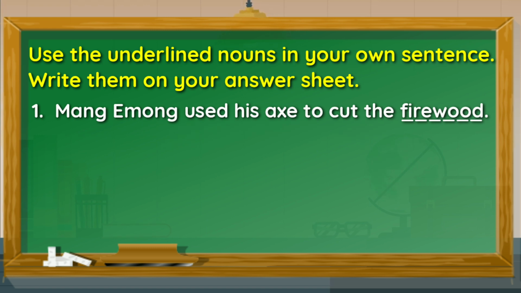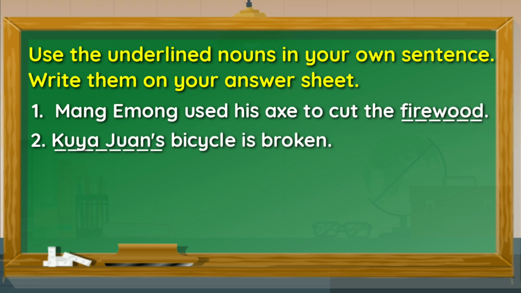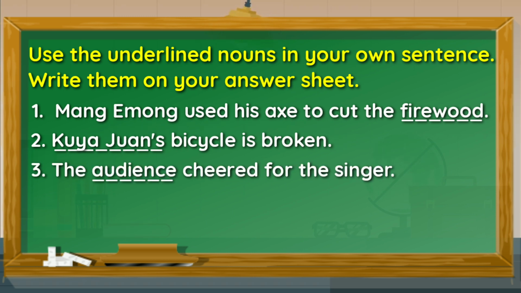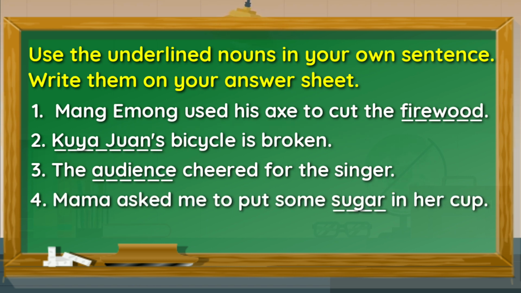Mang Emong used his axe to cut the firewood. Number 2. Kuya Juan's bicycle is broken. Number 3. The audience cheered for the singer. Number 4. Mama asked me to put some sugar in her cup.